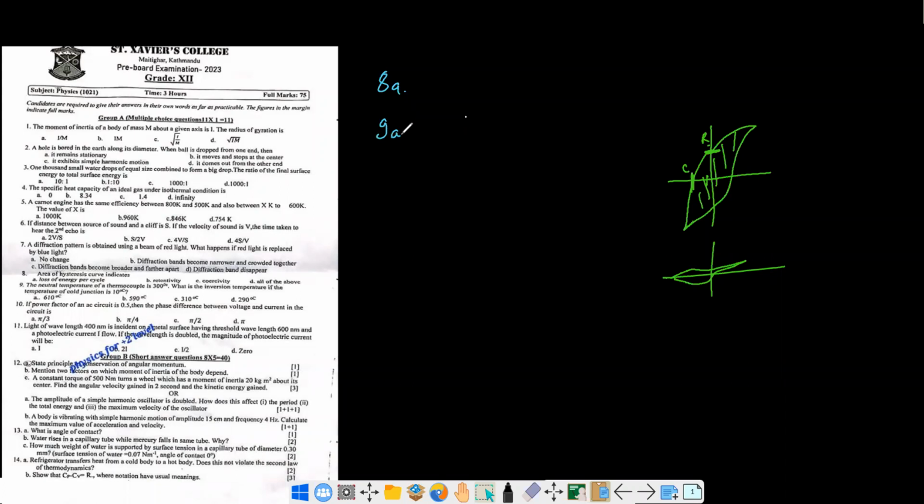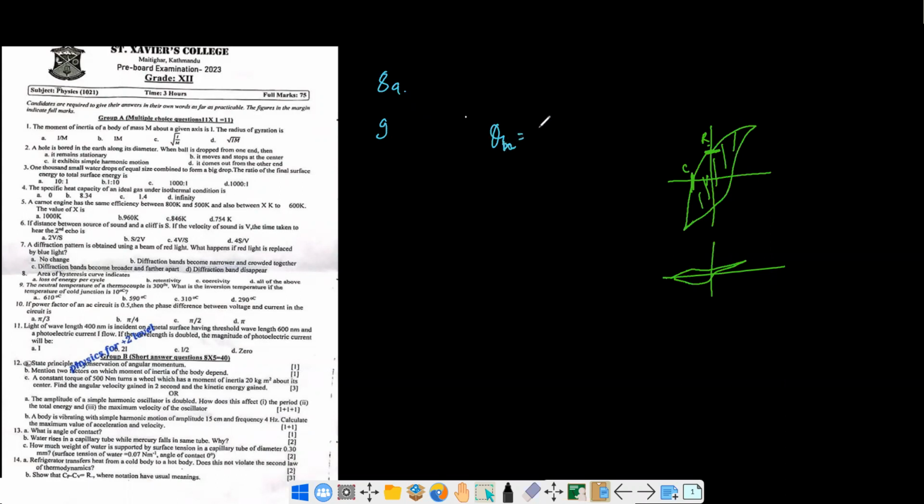Now let us look at question number 9. The neutral temperature of the thermocouple is 300. Neutral temperature 300. This is also a simple numerical. Inversion temperature and the cold junction. You are familiar with this formula.